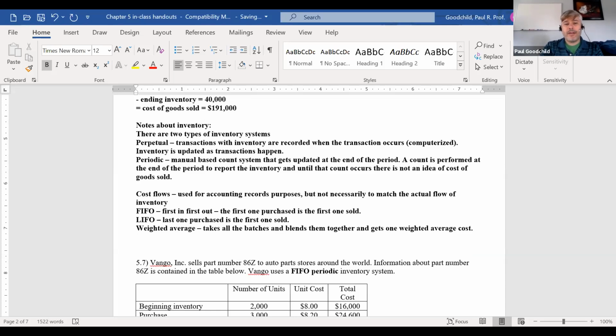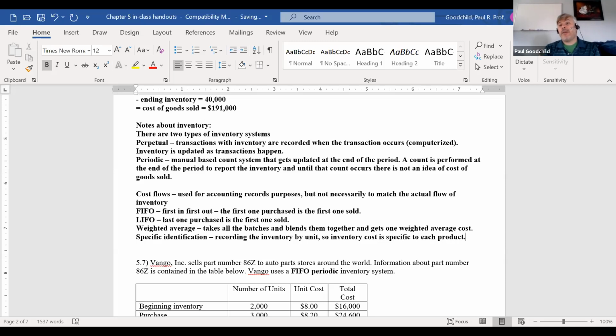And then the last methodology is specific identification. And with specific identification, you're recording the inventory by unit. So inventory cost is specific to each product.